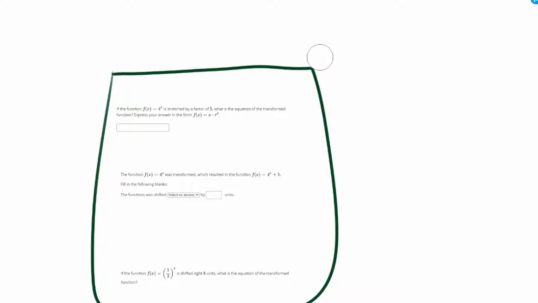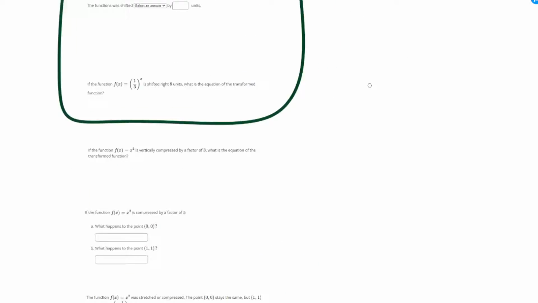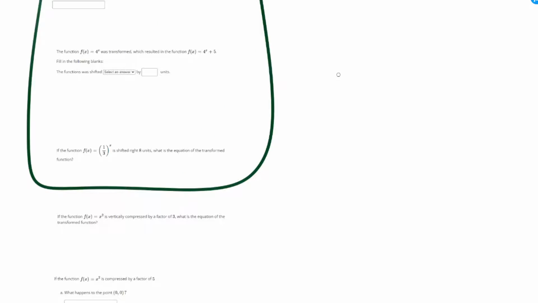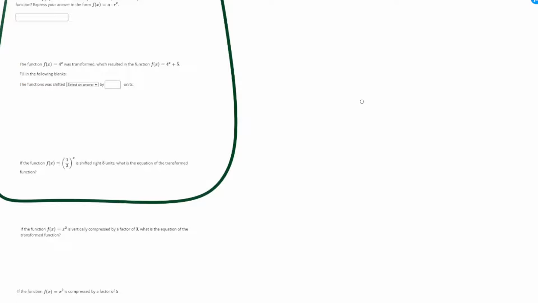I don't know if this is applicable to you now. If you're in the future, just make sure that there's no x in your exponent. You could have something like x squared, but as long as the x is not the exponent, then it's totally fine.